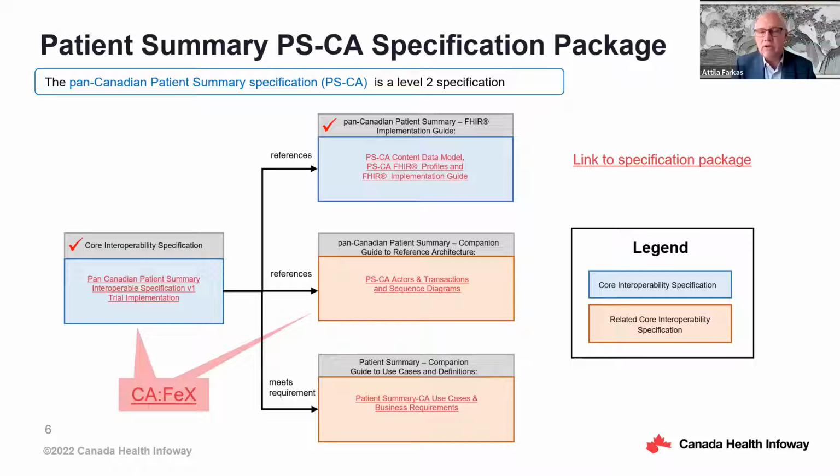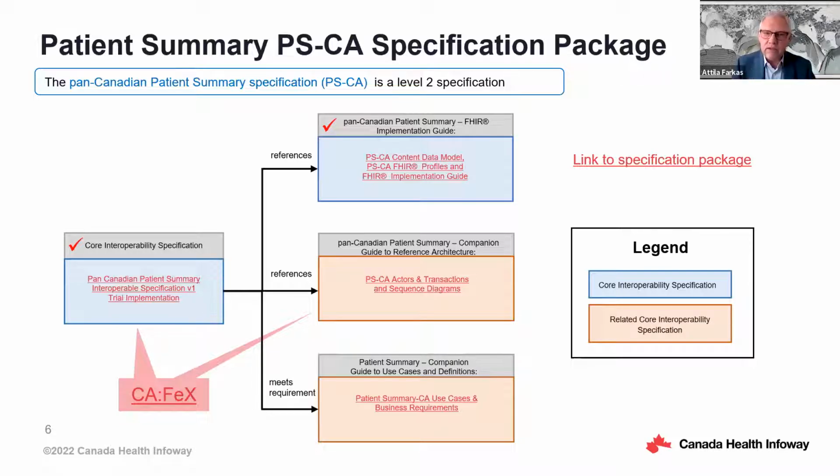It is on Simplifier because Simplifier is a tool that knows how to render FHIR profiles, knows how to actively create implementation guides that render FHIR profiles, and gives just so much better user experience when you're consuming, when you're an implementer, for example. So these 4 documents together define the patient summary specification package.